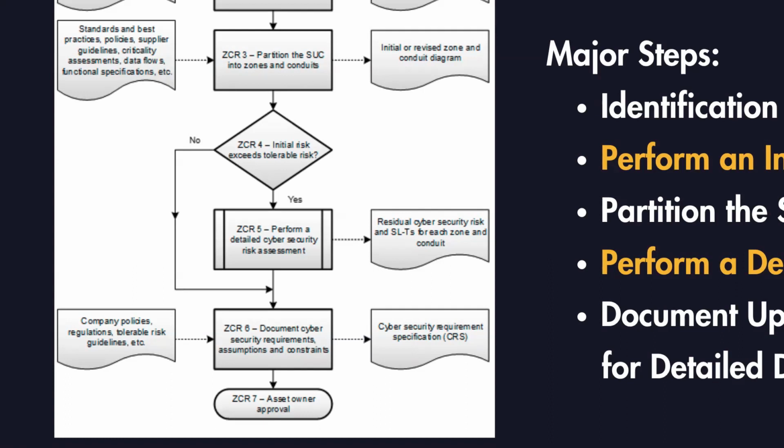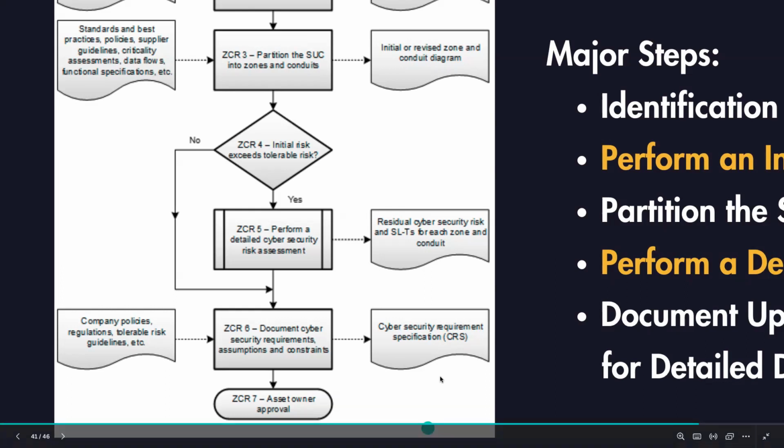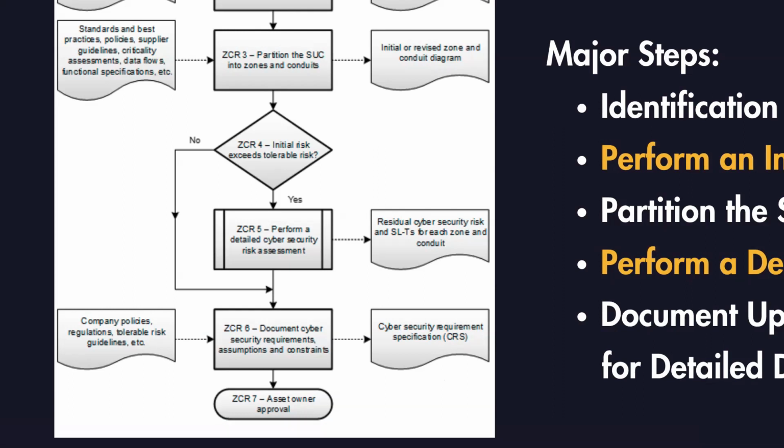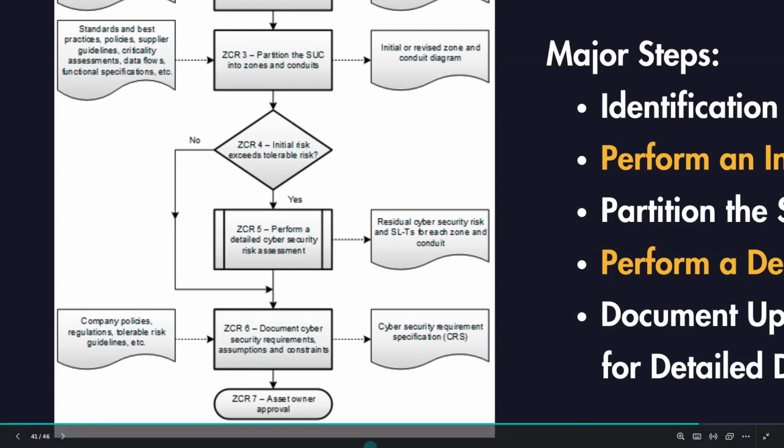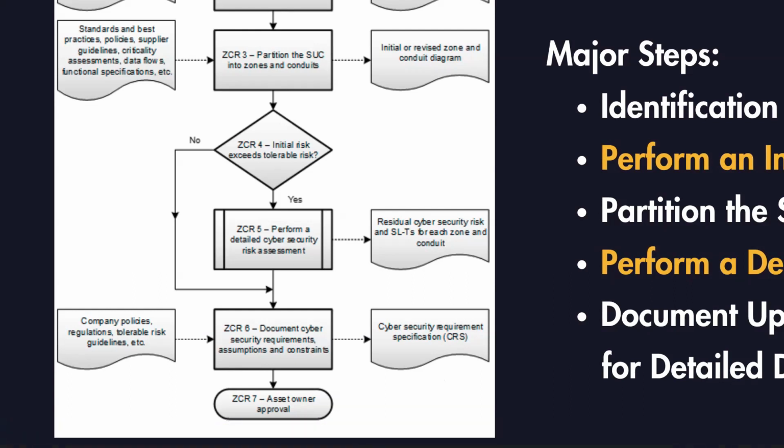Okay. Once you have done the detailed risk assessment, you can document the cybersecurity requirement specific assumptions and constraints. For example, when we conduct the risk assessment, sometimes we don't get enough information, or some constraints might be there. The customer may tell you that you don't get this device report, or you can't run any Wireshark tool or something.